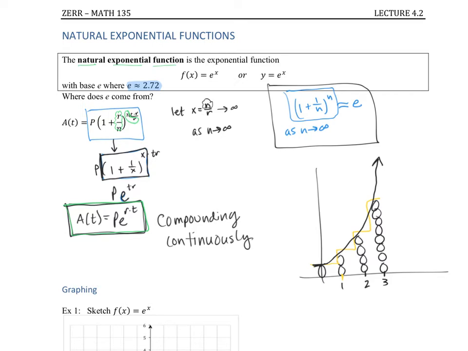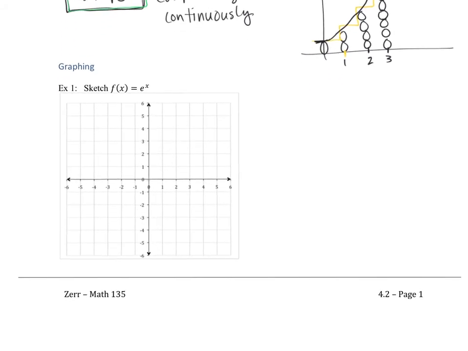So let's go ahead and see what a picture of this would look like. I would have my same y-intercept at (0, 1). y is e to the x. So this would be e to the 0, which is 1, e to the 1, which is e, so that's about 2.72.